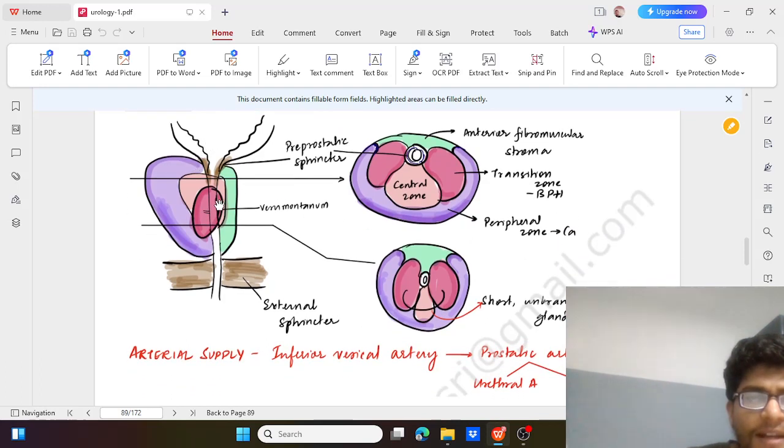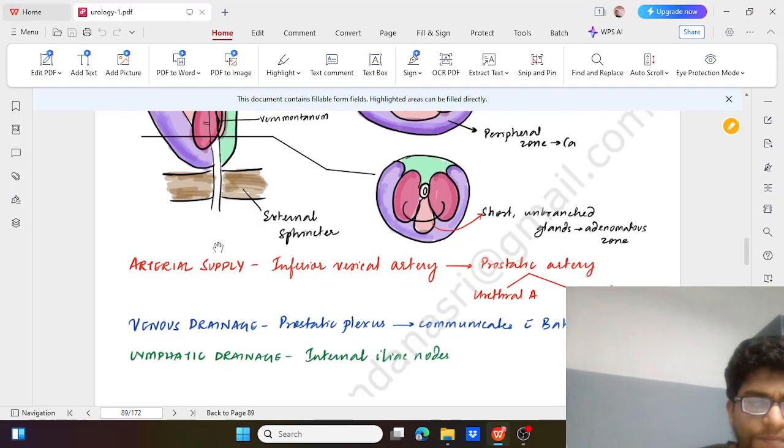As you can see in the diagram, there is a pre-prostatic sphincter just at the bladder neck, and below the prostate is the external sphincter, and centrally the urethra passes. What is the arterial supply of the prostate?